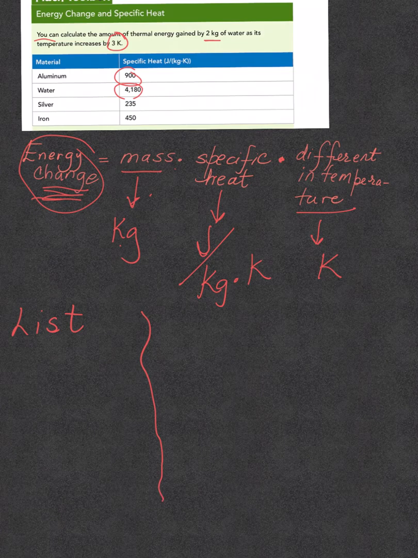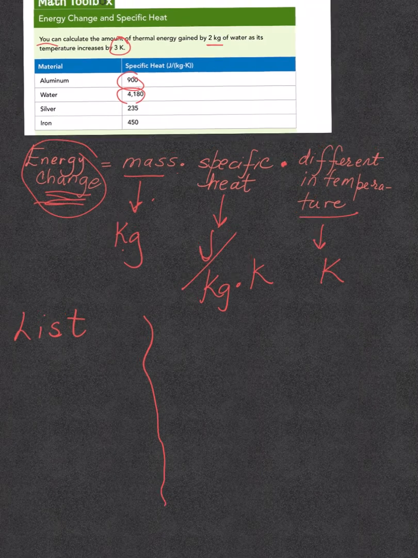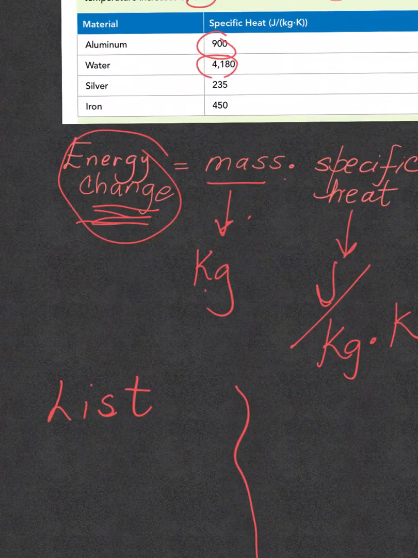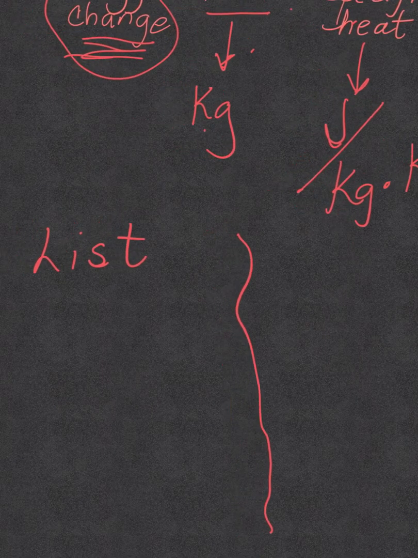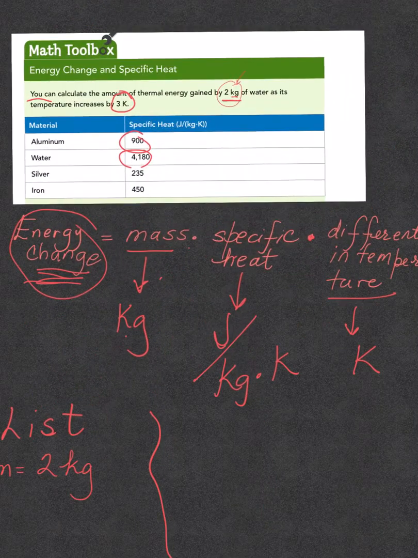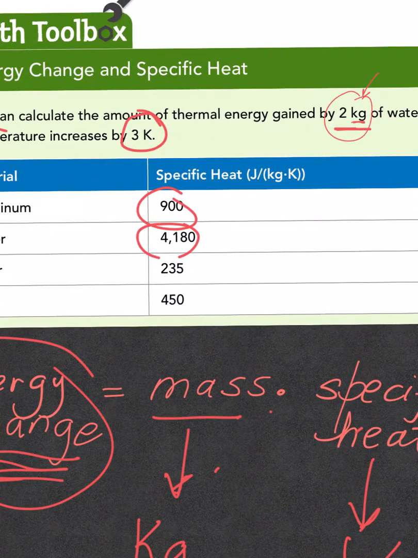Your first step is the list. You can calculate the amount of thermal energy gained by 2 kilograms. What is the information that 2 kilograms is giving you? Kilogram is the mass. So in my list over here, 2 kilograms. Now, what is another important piece of information?